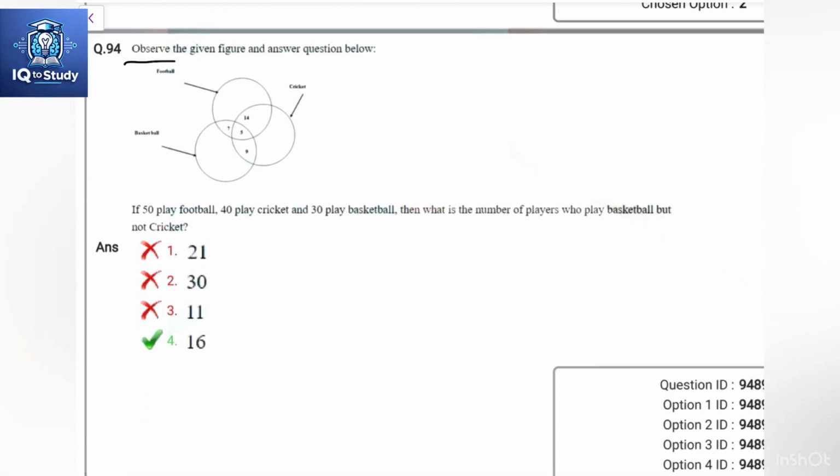Observe the given figure and answer the questions below. If 50 play football, 40 play cricket, 30 play basketball, then what is the number of players who play basketball but not cricket?